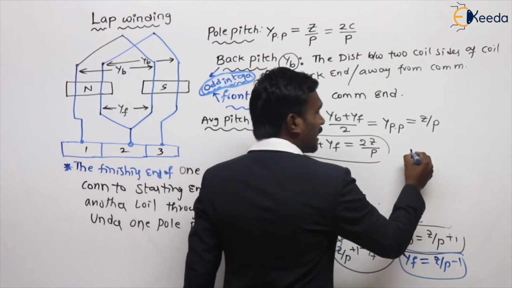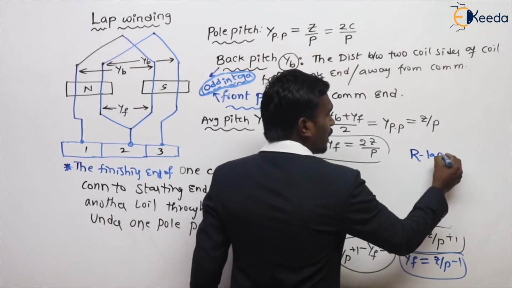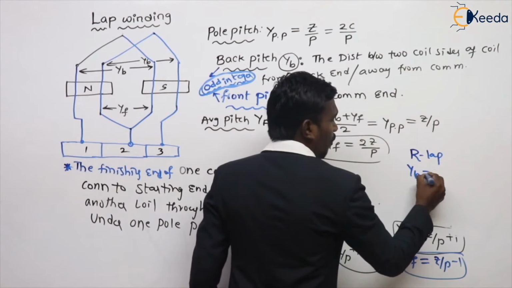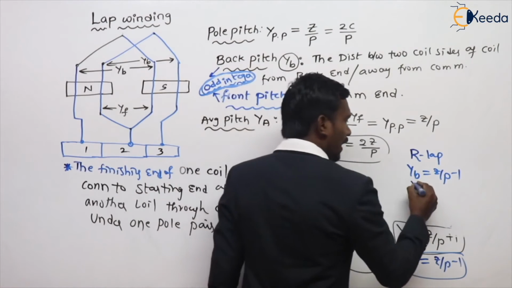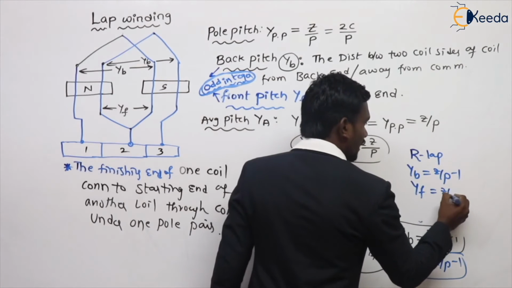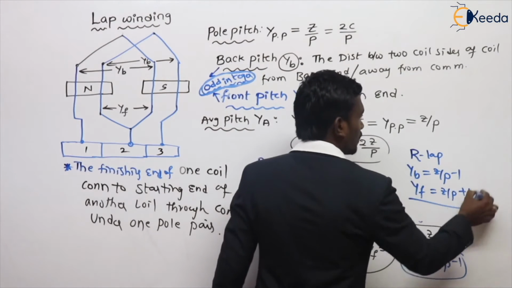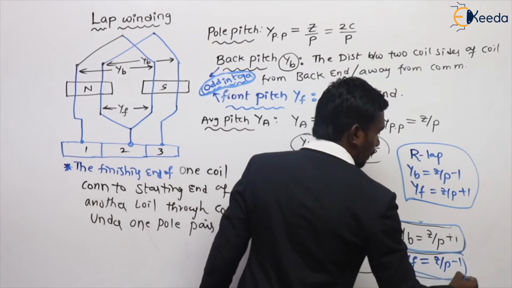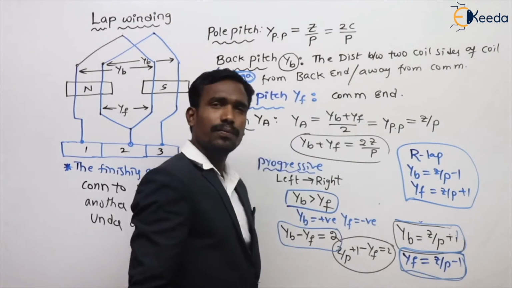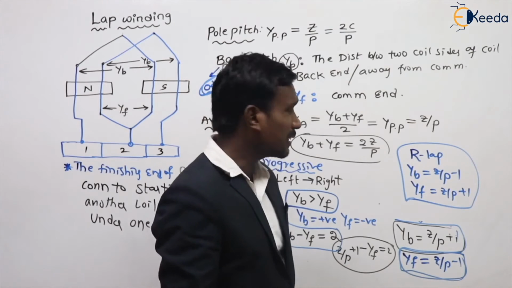What about retrogressive lap winding? For retrogressive lap winding, YB is equal to Z by P minus 1 and YF is equal to Z by P plus 1. This is for retrogressive lap winding and this is for progressive lap winding. Is it okay? Is it clear?